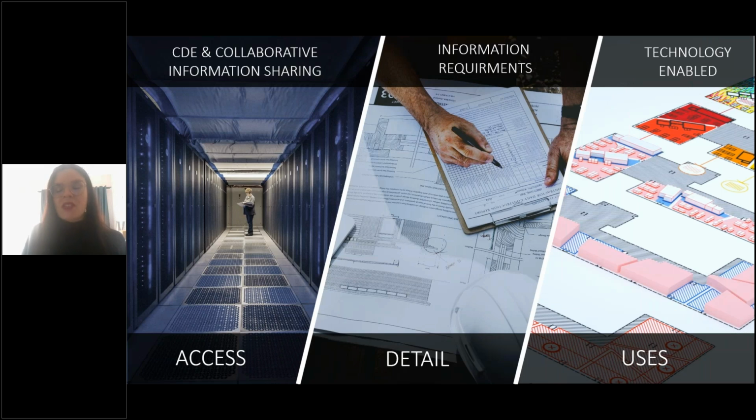And then from a uses perspective, the simplest example that I always like to use here: before, when we had only 2D information, you can't really do 3D based clash detection. But now that we have 3D information, the technology can enable us to do things like clash detection and coordination. There's a whole long list of other things that technology enables, and that forms part of BIM uses.